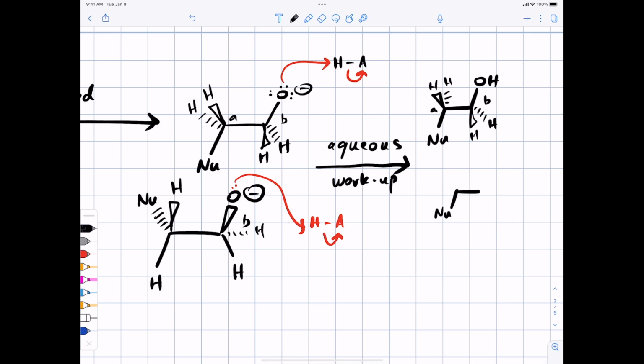In the future, you're going to face situations where I say, propose a synthesis for the following molecule. And you'll have to look at that and think, okay, what reactions do I know of that give that particular structural pattern as a product?